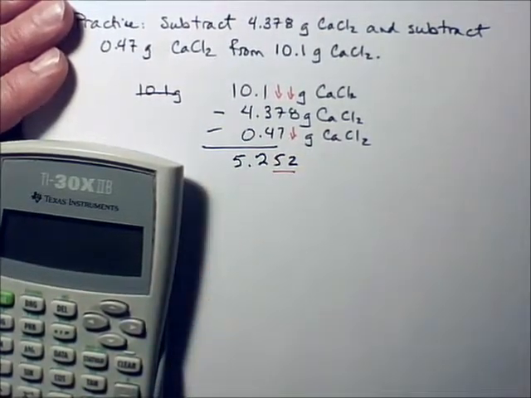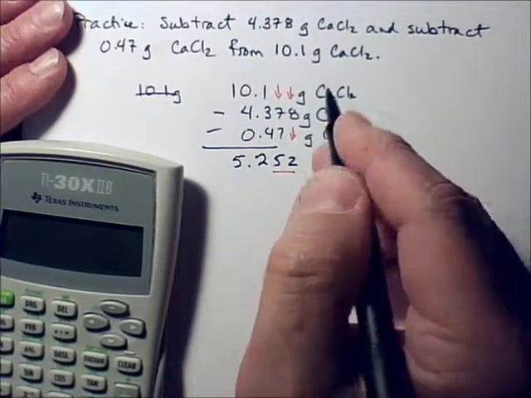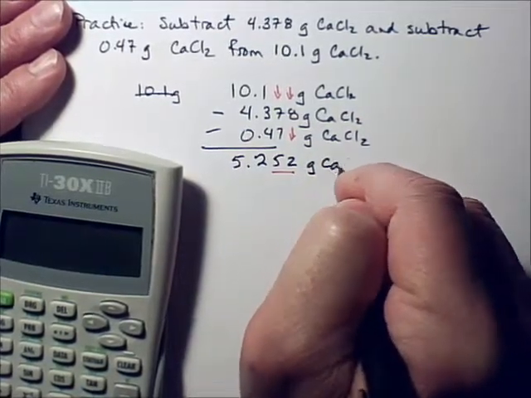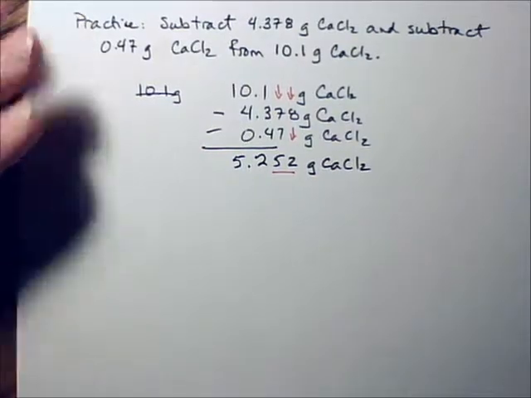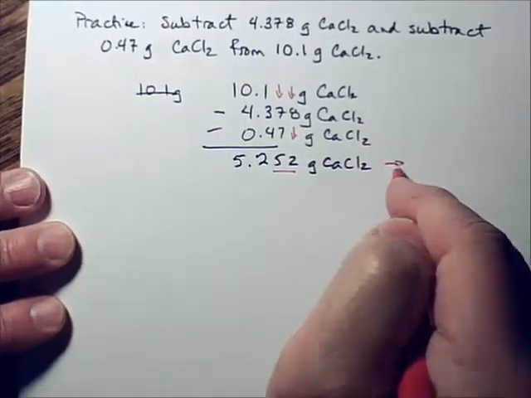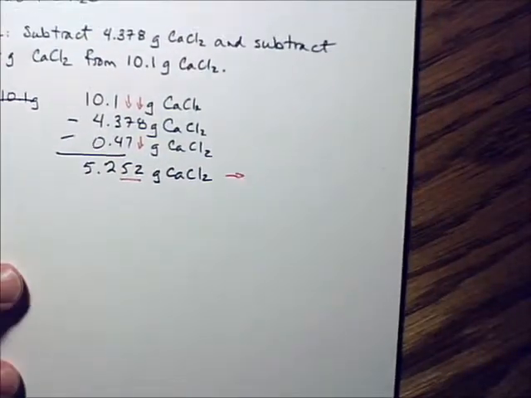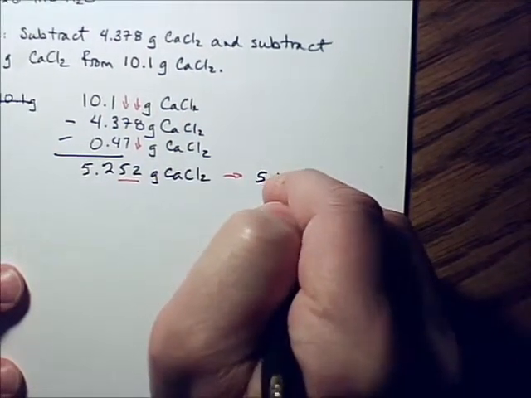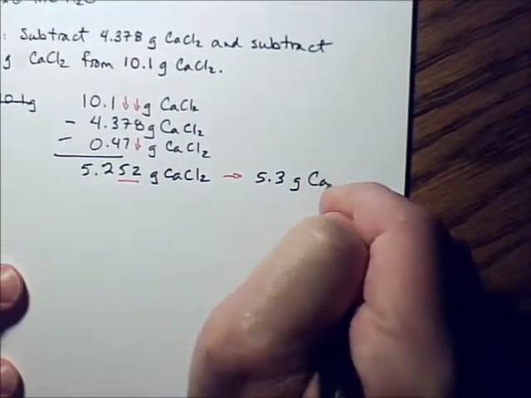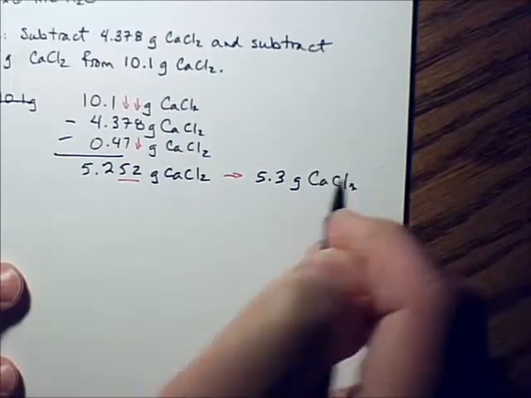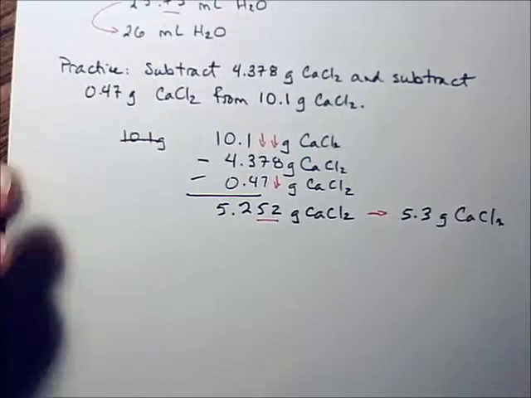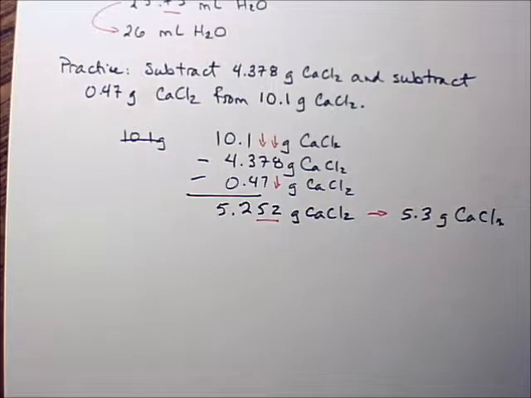It doesn't line up so well, but those 2 digits are insignificant. Correct? And then we need to round it off to 5.3 grams of calcium chloride. Got it?